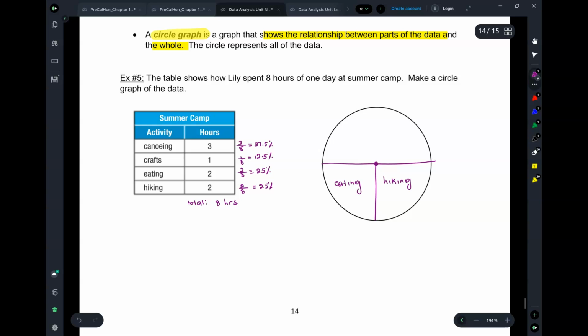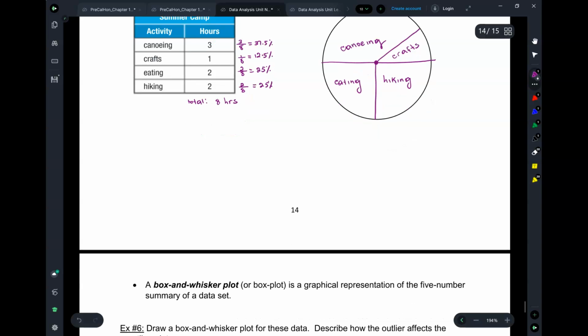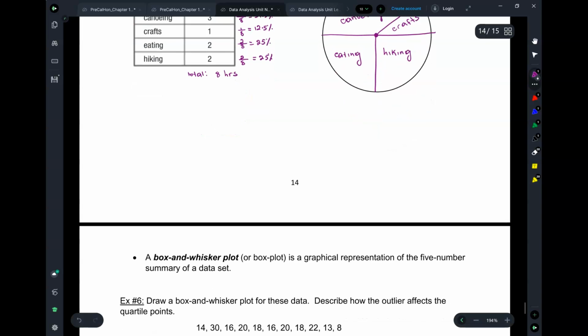And then up here, the rest of the 50%, it's divided into 37.5 and 12.5, right? So 12.5 is half of the quarter, so I kind of use that to eyeball it so that it's a little bit to scale. So here we had crafts and then canoeing, right? And you can see how this gives a very good pictorial representation of how this person spent their time, okay? All right.